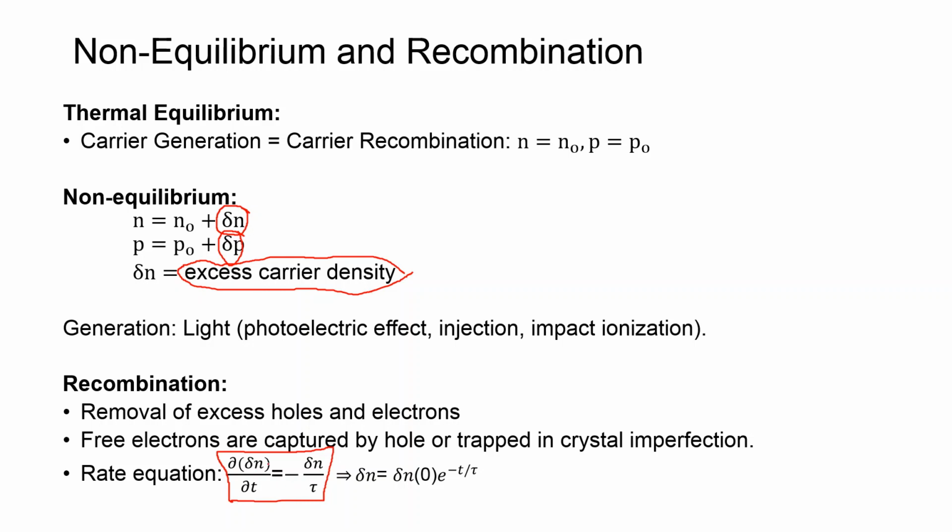So this rate is negative. That means if at time t equal to 0 we add delta n electrons, or we somehow add delta p holes, with time this number will reduce, until the total number of electrons becomes n naught again.